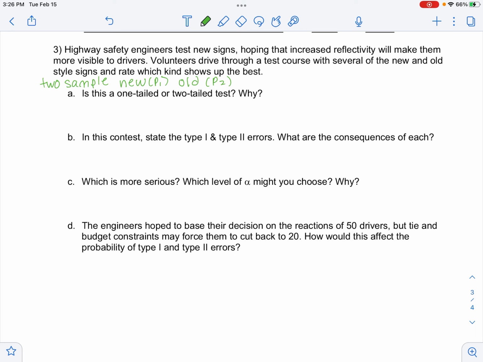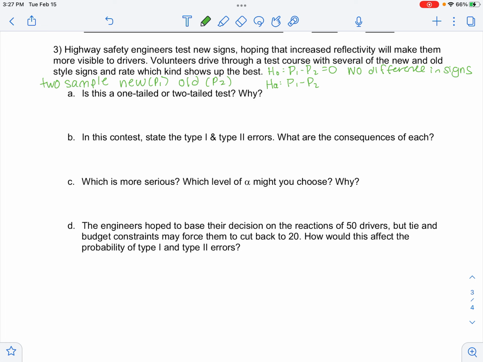And it doesn't ask me to state the null, but I'm just going to do it anyway because it helps. So the null hypothesis would be P1 minus P2 equals 0. And essentially there is no difference in the signs. And then the alternative, again, P1 minus P2, but we need to figure this out.